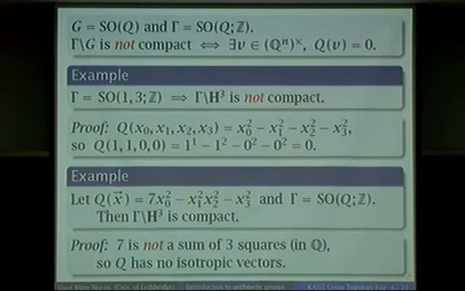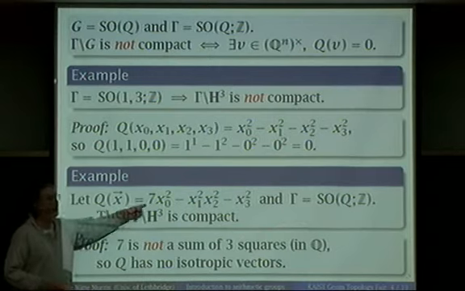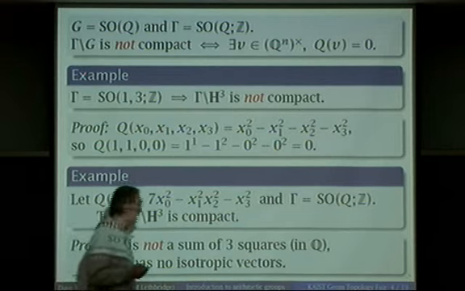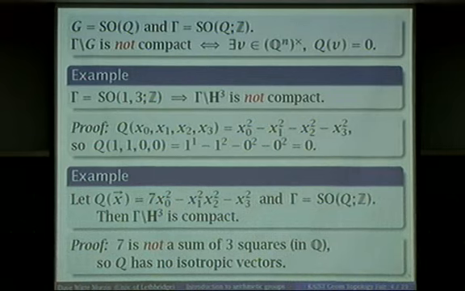If there was an isotropic vector, 7 would have to be a sum of 3 rational squares. But it's not. So there are no isotropic vectors. So unfortunately, the trouble with this is looking for isotropic vectors means you're trying to solve some equation with integer variables, and that's what number theory is all about. So you're going to have to use some number theory. In this case, it wasn't difficult number theory, though. They teach this in undergraduate courses, that 7 is not a sum of 3 squares. Okay.